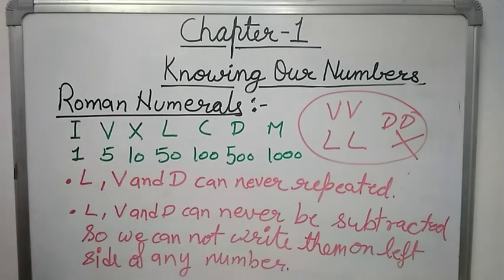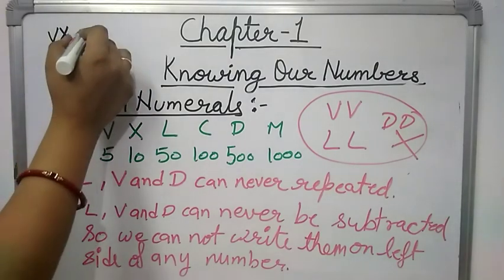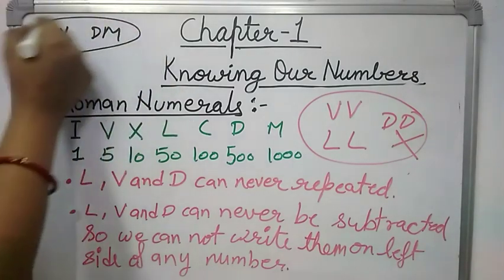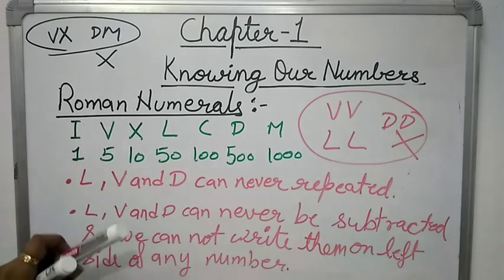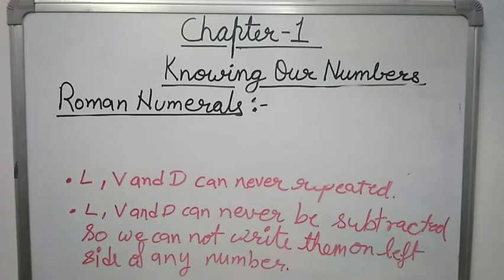That means writing V on the left hand side of any number or D on the left hand side of any number is wrong, because these alphabets have the property that they can never be subtracted. We should keep these points while writing any number in Roman numerals.